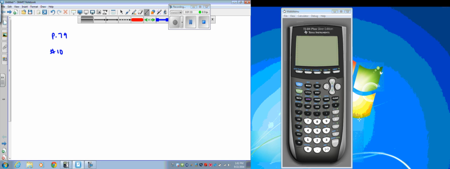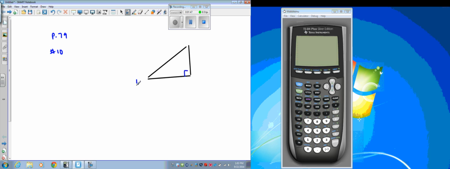The first problem there that we're going to look at gives us a right triangle. This is the right angle, and they're labeling it A, B, C. Usually 99% of the time C is always going to be the right angle.